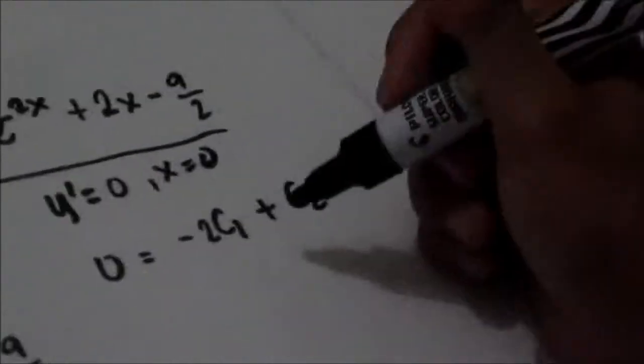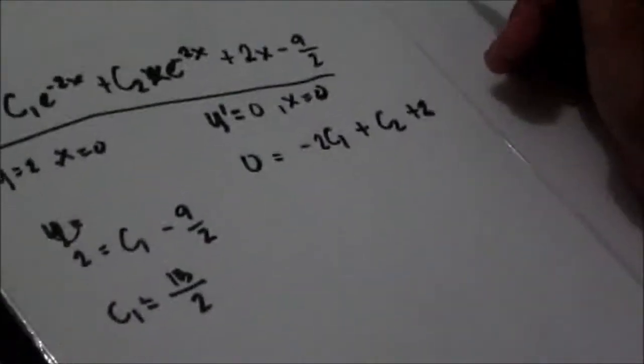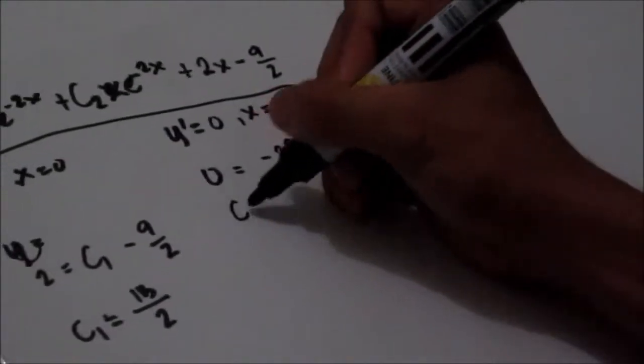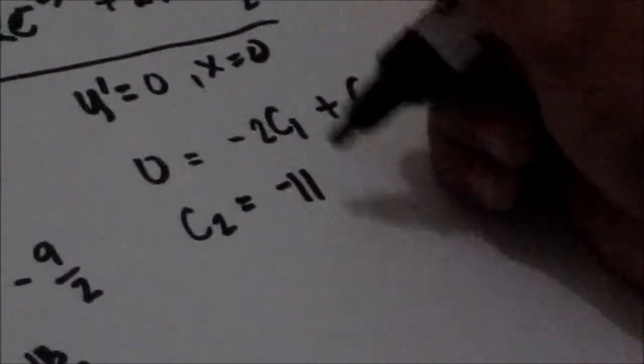By solving the equation and substituting the value of c1 that we got, we can find c2 as negative 11.